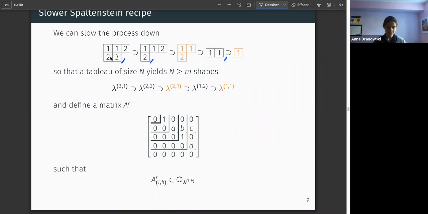So if it's a size 5 tableau, I'll assign 5 tableaux to it by breaking off 1 box at a time, so that I get 5 shapes or Jordan types, and then 5 conditions on a 5 by 5 matrix, where I now put those conditions on upper left submatrices, sort of one at a time. And again, here's just a shorthand for this recipe in general, but hopefully you can see from the picture what I'm trying to describe.